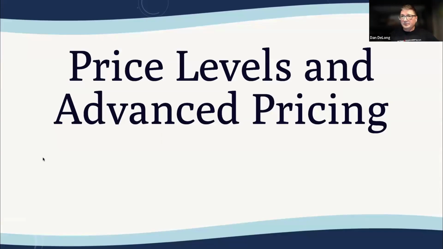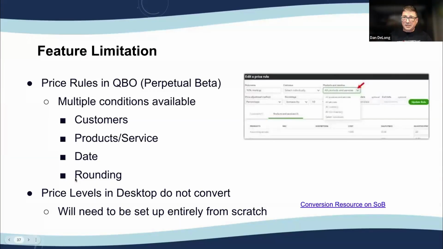So the last one we want to talk about before we come in for landing here is price levels and advanced pricing. So the feature limitation is price rules in QuickBooks Online has been in perpetual beta since the feature was introduced. But you do have the ability to do multiple conditions.